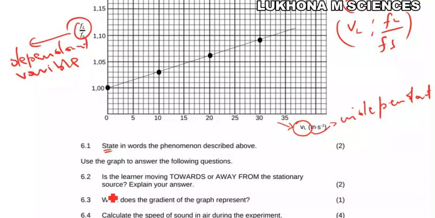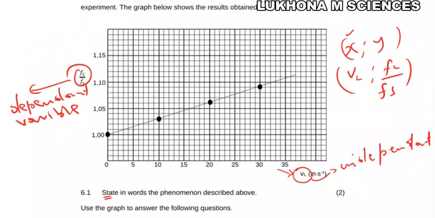Is the listener moving towards or away from the stationary sound source? Remember we have FL and FS, and FS is constant. The sound emitted by the sound source is always constant.